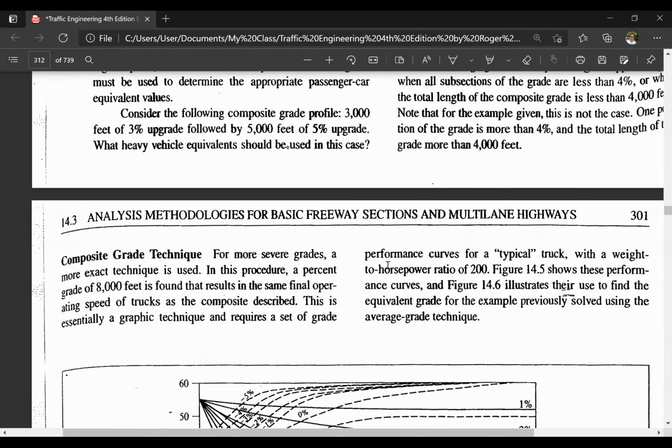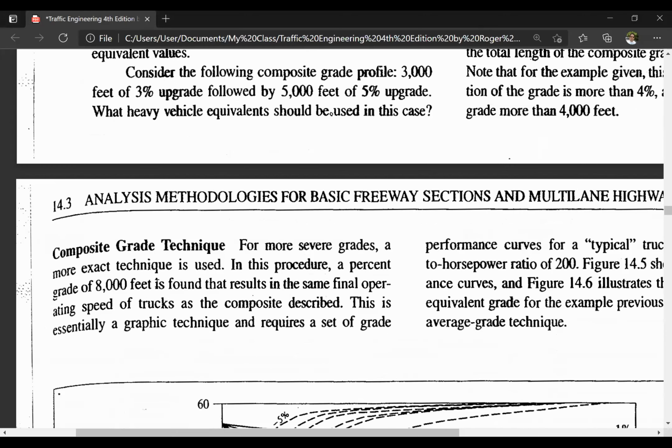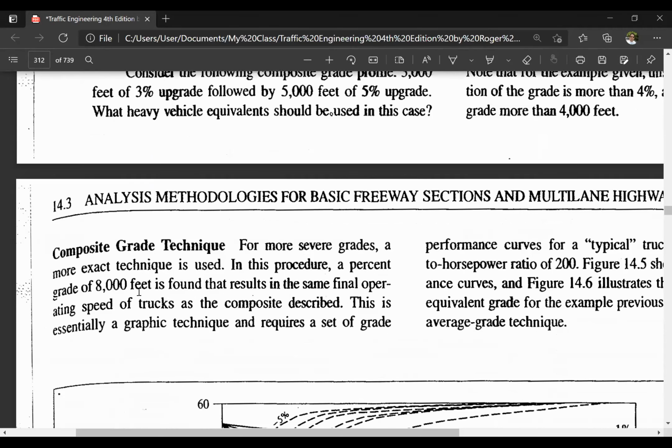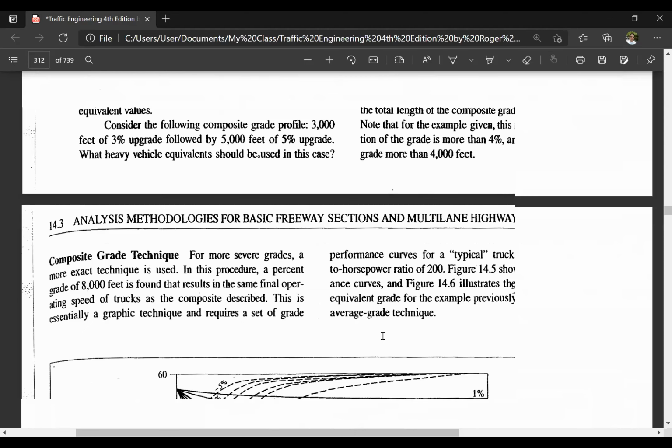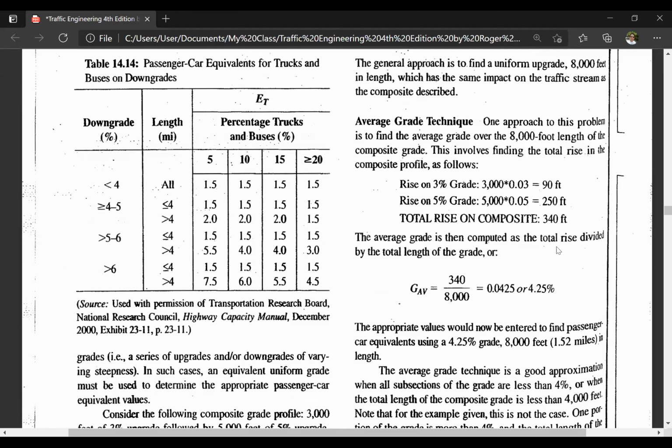The composite grade technique is a more exact technique to use. In this procedure, a percent grade of 8,000 feet is found that results in the same final operating speed of trucks as the composite described. The question is here.